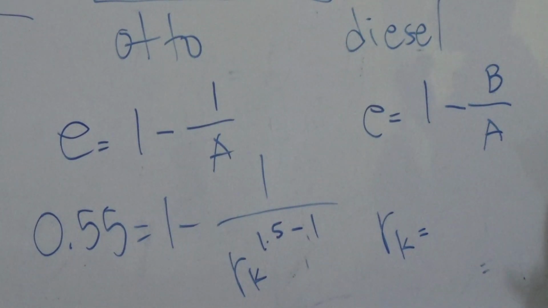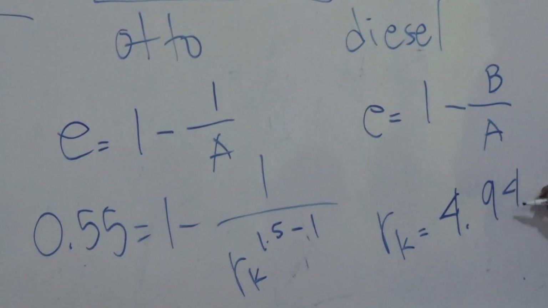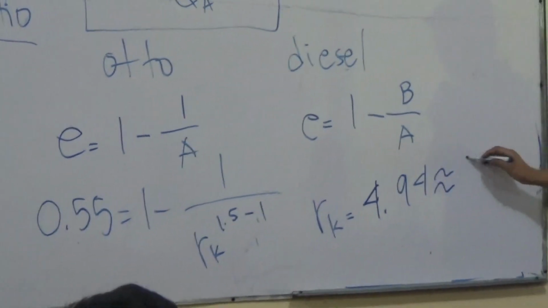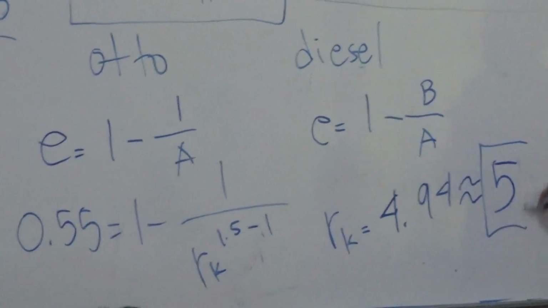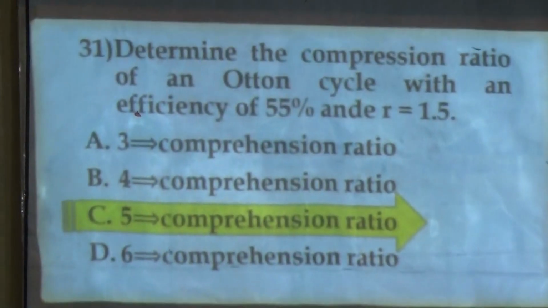Shift solve, hintayin yung answer, and then evaluate. So answer is 4.94. I asked the compression ratio. Walang 4.94 sa choices. Hence, choose the best answer. So approximately 5. So ang compression ratio natin is letter C. So compression ratio is 5.